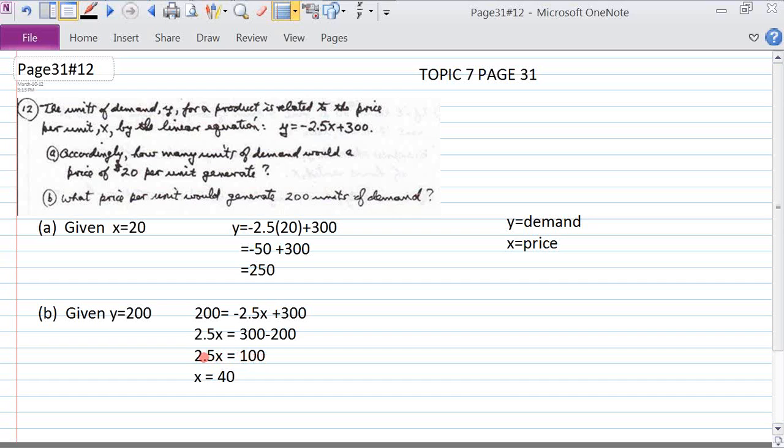If we divide by 2.5 in order to get x, we have to divide the 100 by 2.5, which means this would give a price of $40 per unit.